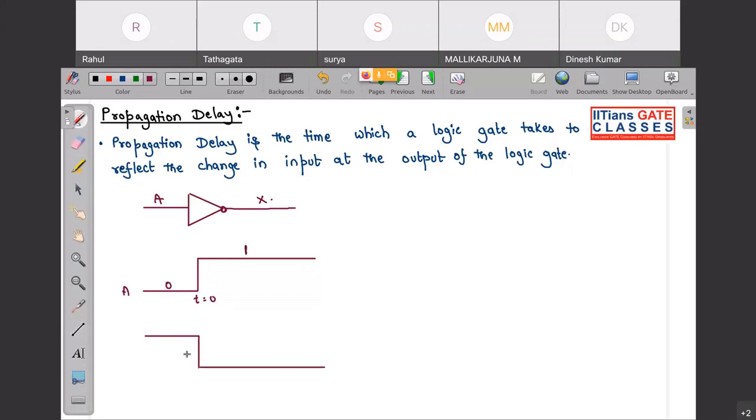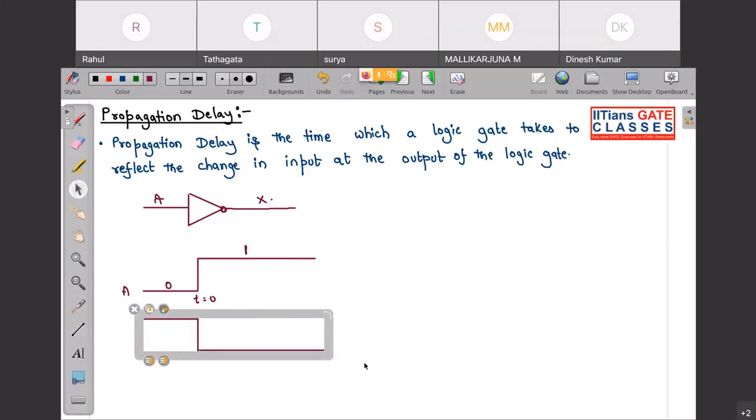If input makes a transition from 0 to 1 at t equal to 0, then your output should make a transition from 1 to 0 at t equal to 0 if this is an ideal NOT gate.